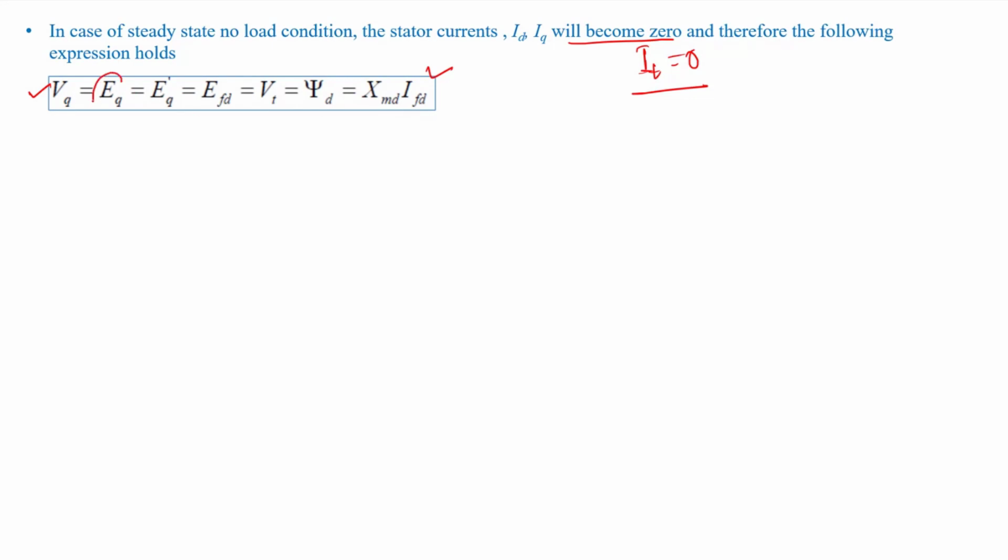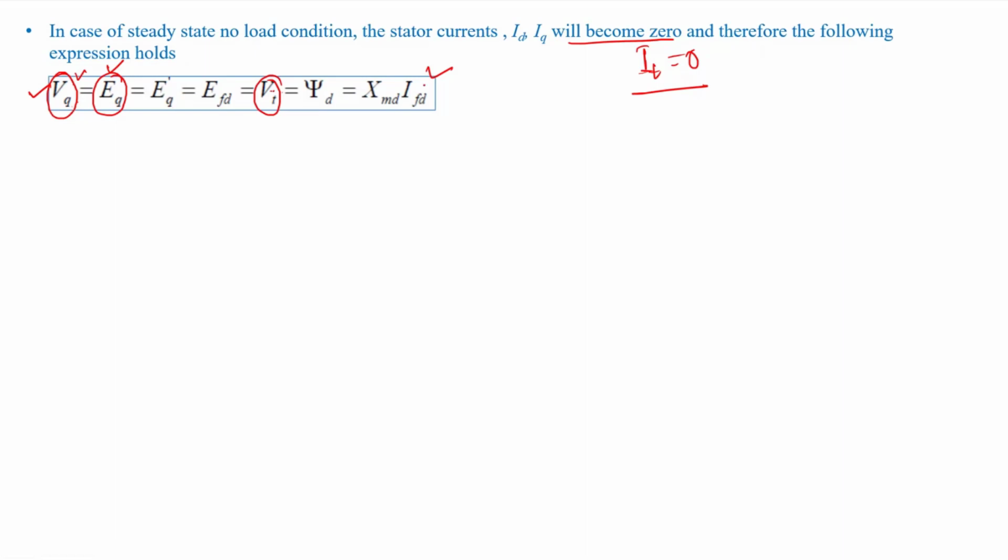So this EQ is your internal voltage and VQ is your Q axis terminal voltage, EQ is the internal voltage, right? And VT, we know, is the terminal voltage. So under no load condition, your VT becomes equal to VQ, whereas VQ and EQ are lying in the Q axis. Okay. So therefore, what happens if Vt becomes equal to Vq? That means Vt is lying along Vq.